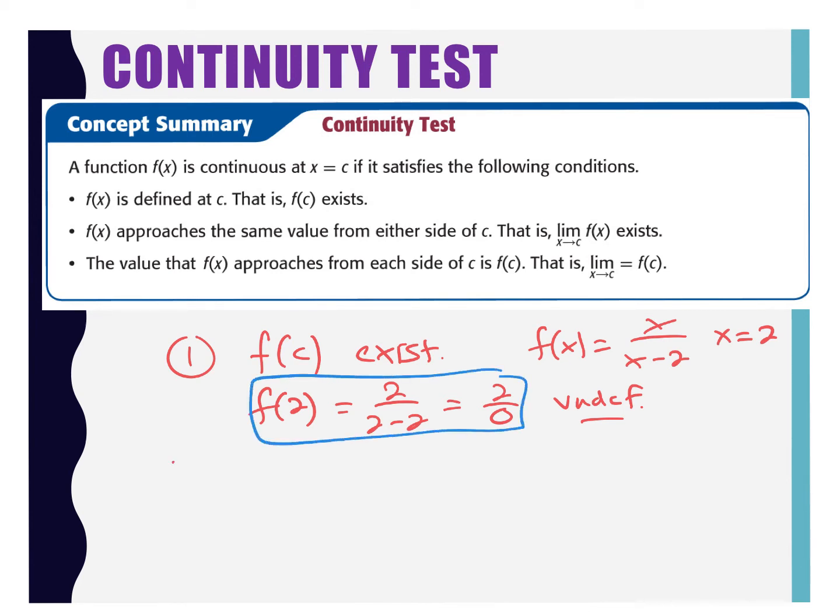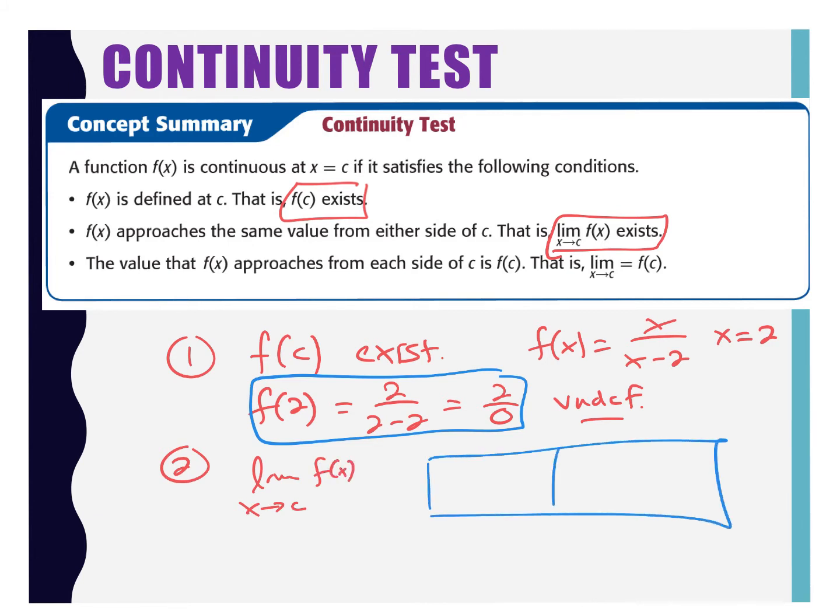Okay. Step 2 is to see if the limit exists. Remember, if you're exploring limits here in pre-calc at a certain value, then we set up our table, right? Smack dab in the middle is always going to be that value. So in our example here, we'd probably put 2 there, right?